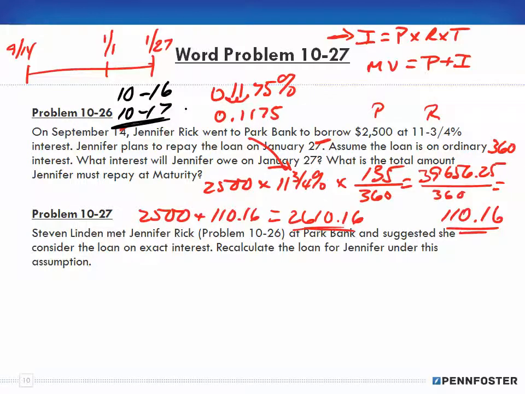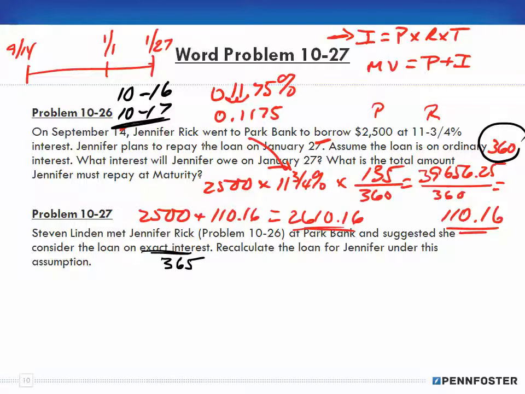Those two problems are identical to these problems. So if you need a little extra understanding, go revisit those problems. 10-26 is talking about ordinary interest, and 10-27 suggests she consider the loan on exact interest, which is 365 days.